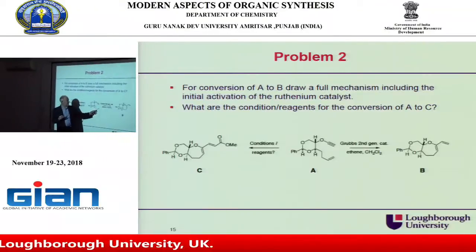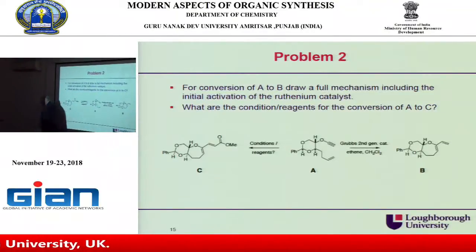Remember, your ruthenium carbene is likely to add to the alkene first.